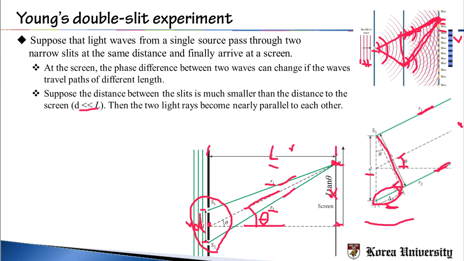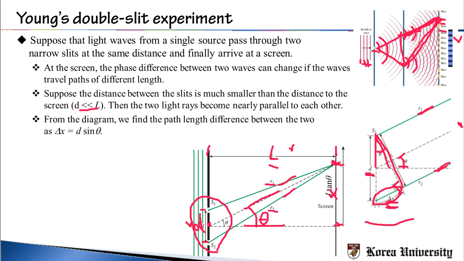It is easy to figure out that the angle between the line connecting the two slits and this perpendicular line is also theta. So sine of this angle theta is delta x divided by D, and therefore delta x is equal to D multiplied by sine theta.